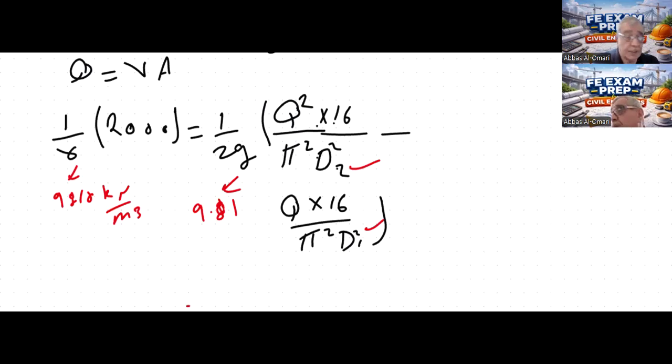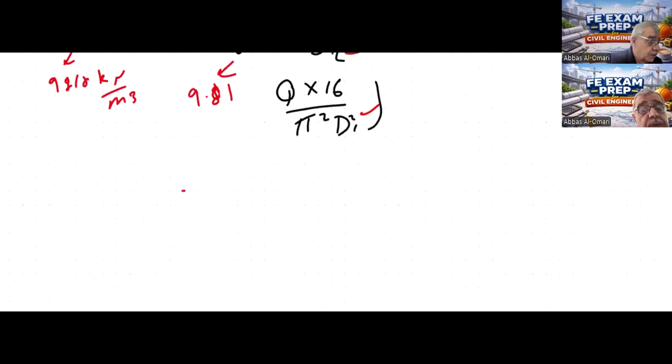So in this equation, there is only one unknown, which is Q. We solve for Q and we get Q equals 0.016 meter cube per second.